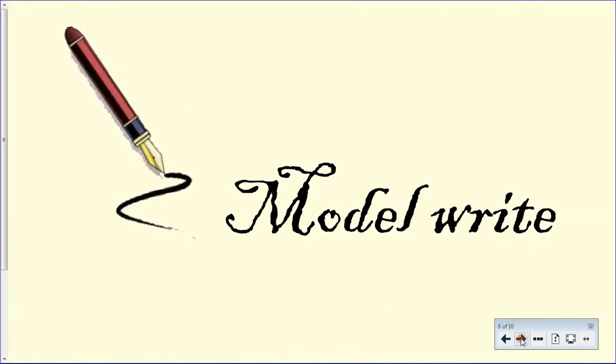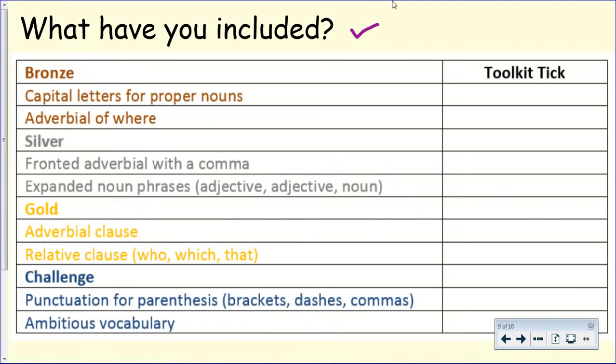Okay, so in my invent I included capital letters for proper nouns because Cornwall, Carenza and Lamorna all had proper nouns. I said where, I said it was in Cornwall and on Whitsand Bay Beach and in the sand. I used a fronted adverbial because I said on their favourite beach and I popped a comma after that.